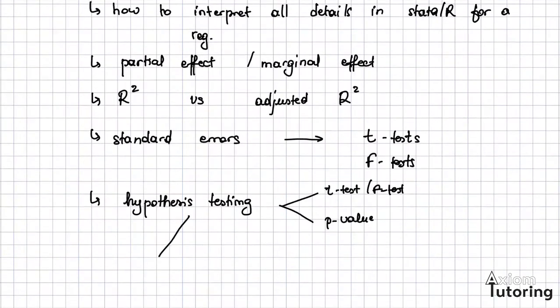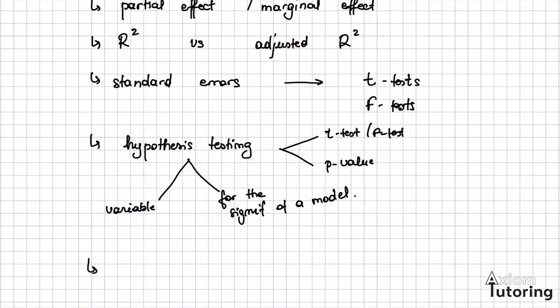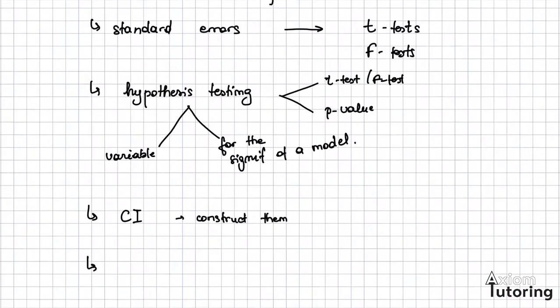Hypothesis testing can also go for a particular variable or for the significance of a model. We need to know what confidence intervals are and how we construct them. And one last thing that is quite important, and I'm going to put that in red, is regression anatomy.